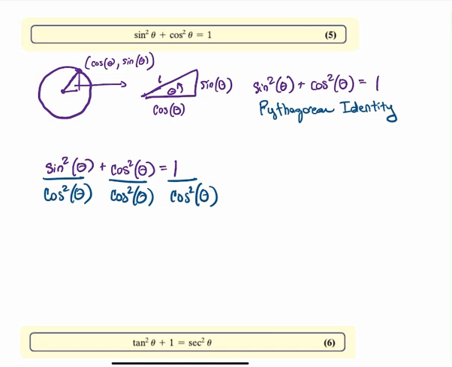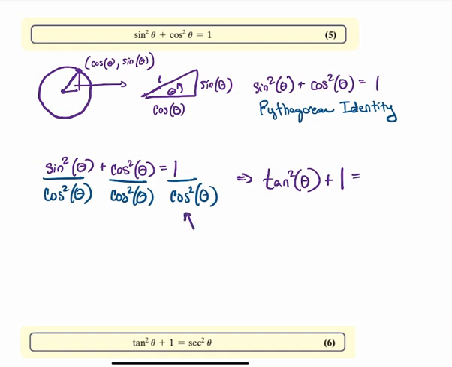So sine over cosine, we said, was equal to the tangent, and that works for the squared functions too. Sine squared over cosine squared will equal the tangent squared. So we're using our quotient identity here. Notice for the next term we have cosine squared over cosine squared, something over itself that will just reduce to 1.